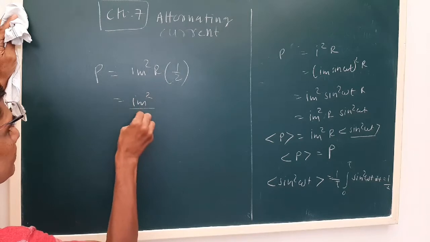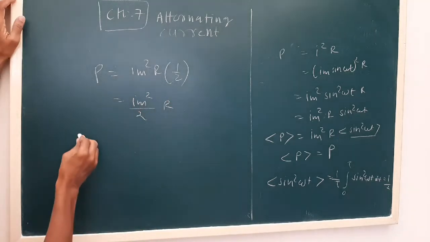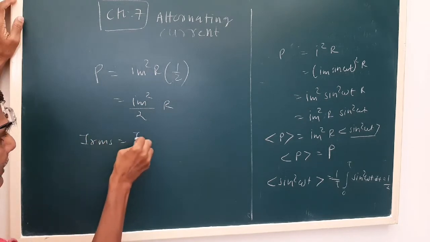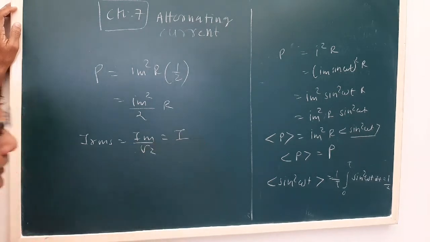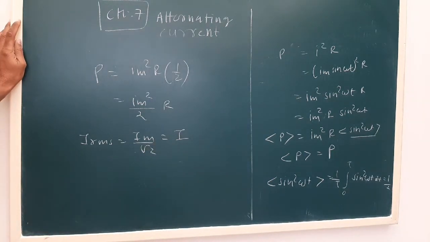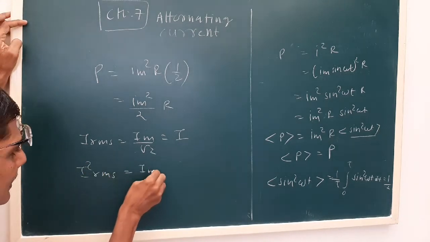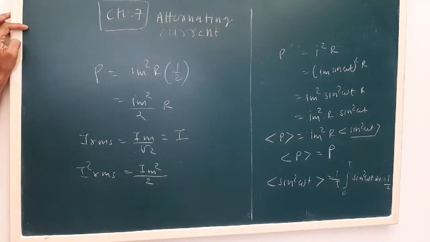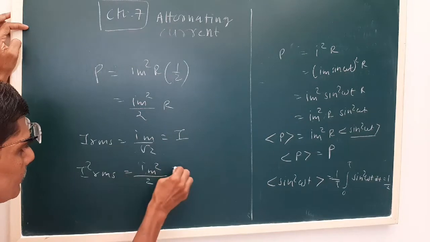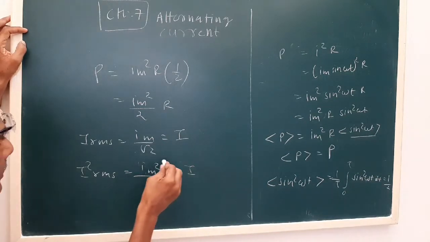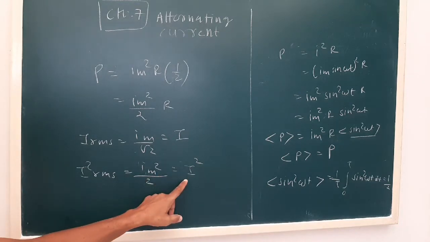Now this we can rearrange. One more quantity we have to study is IRMS, which is Im upon root 2. You can write it as IRMS or capital I, a notation used in the textbook. So I square RMS is Im square by 2, or simply capital I square.